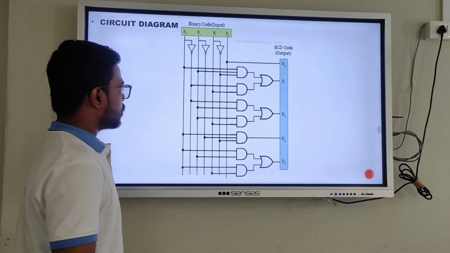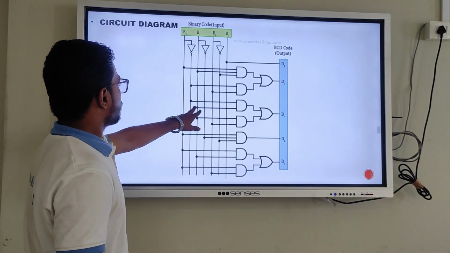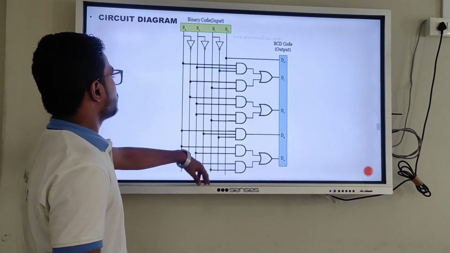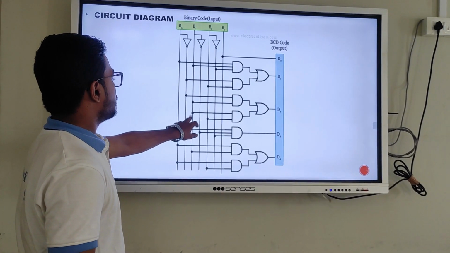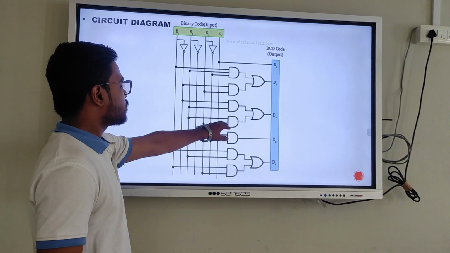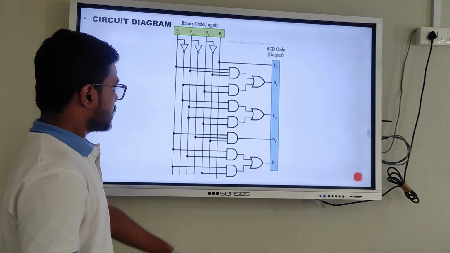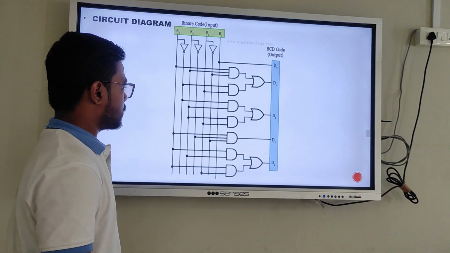For the second output, we take inputs from B3 and B2, and for the second AND gate we take inputs from B2 and B1, and both outputs from the AND gates are passed to the NOR gate.